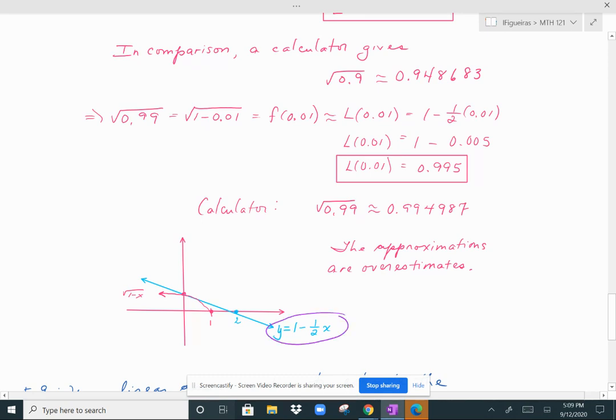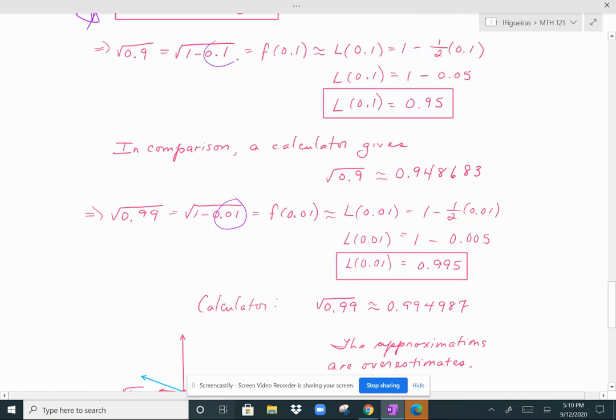So you can see when I'm at 0, which is what a was equal to, and I'm looking at values close to 0, like 0.1 and 0.01, my line goes very close to the curve, but it's always slightly above it when you are close to this point. So we're not actually on the point, we're close to it, which is why it was 0.01 and 0.1. They were both close to a equal to 0.